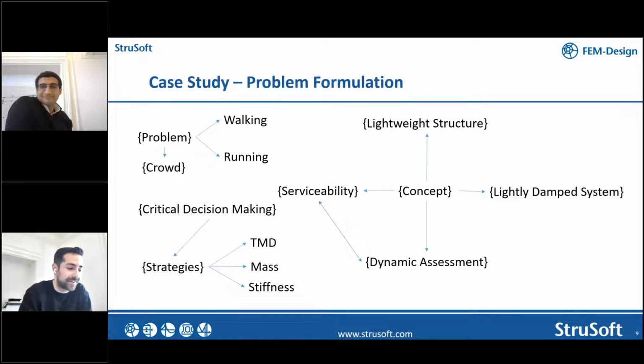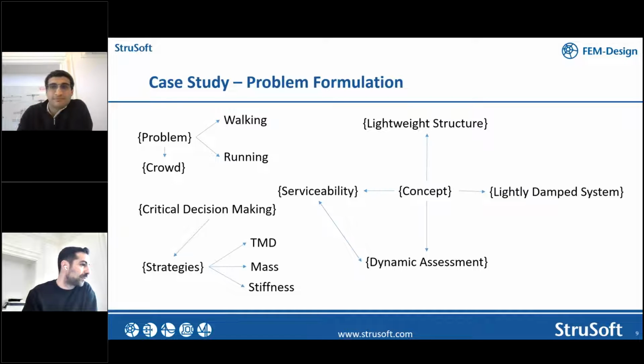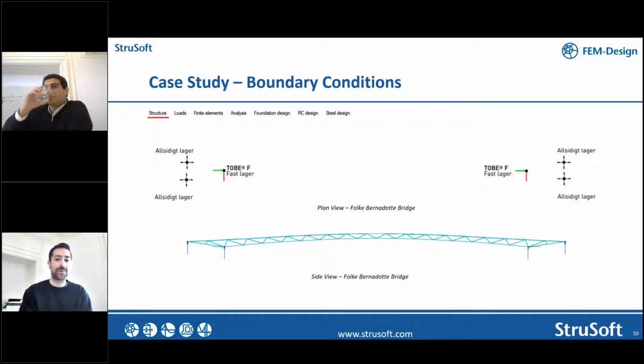Nice. I have a good question here, and I wanted to ask you how the problem formulation for the Folke-Bernadotte bridge arrived, but I want to go to the next slide because I want to say that it has something to do with this. This is basically the boundary conditions and the configuration seen from above and the side.